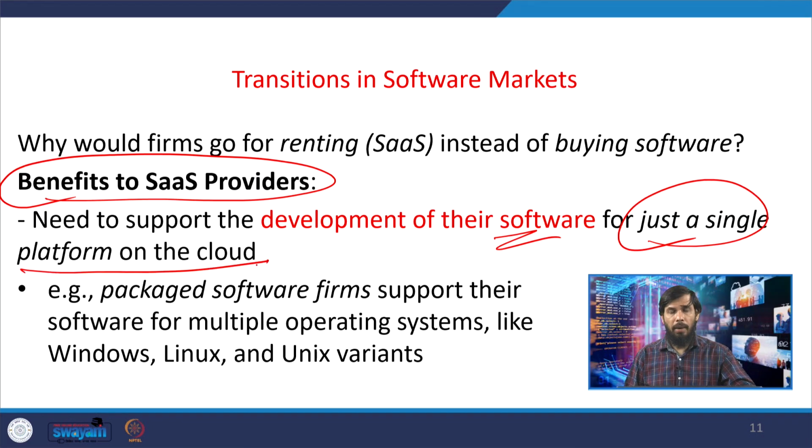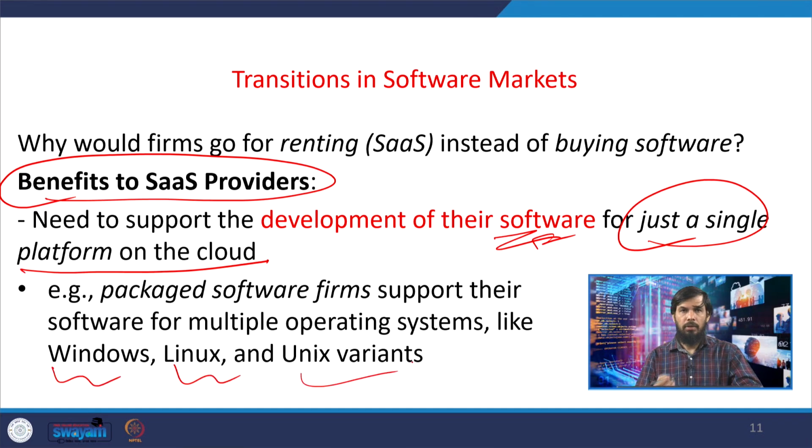So they don't have to manage their software for multiple platforms, for example multiple operating systems like Windows or Linux or Unix. Earlier we talked about how different versions of a software might have to be created which are compatible with Windows or Linux or Unix or Mac, right?